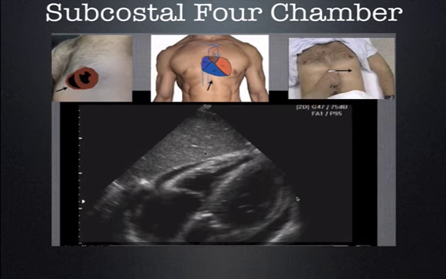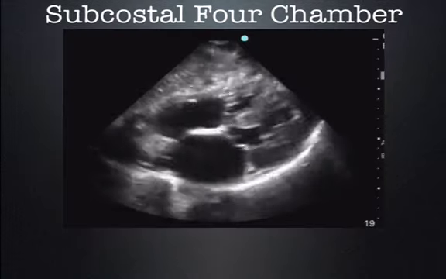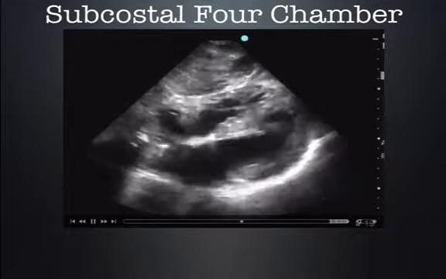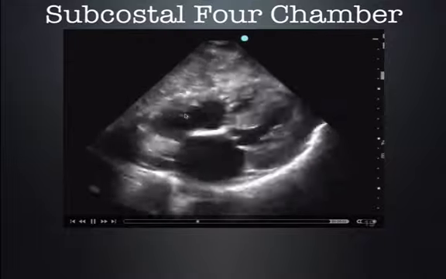Here's the actual image associated with that. You're looking through the liver to the right ventricle to the left ventricle. This bright white line here would be the pericardium, and you can also see the pericardium here. Here would be an example of the subcostal four-chamber view. Right ventricle, left atrium, right atrium.